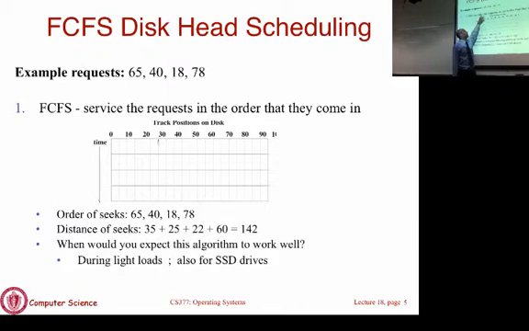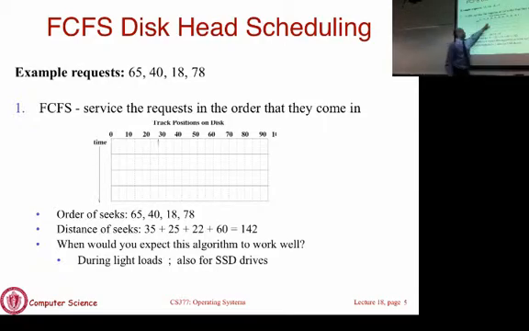Then you have 18, so you move all the way to 18, and then 78, so you move all the way out to 78. So you're basically going to move back and forth to service those requests. The order in which you service them is the same as the order in which they came in: 65, 40, 18, 78.